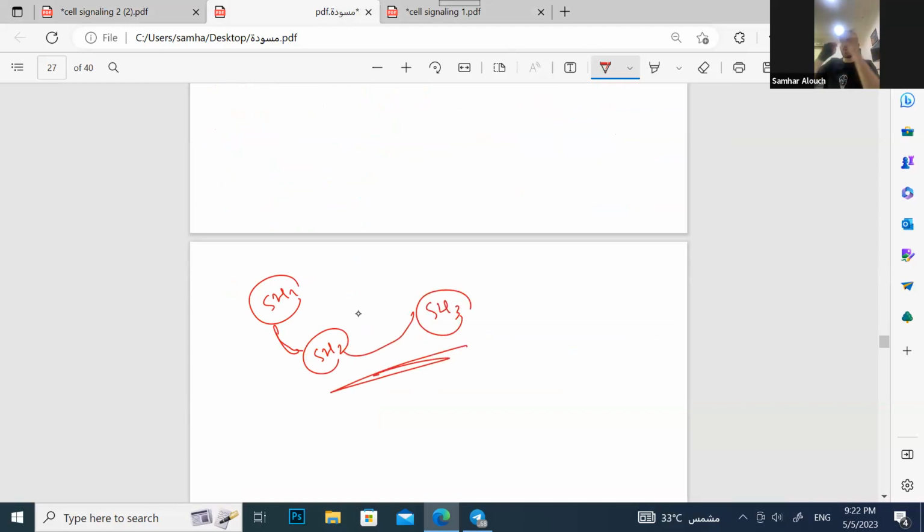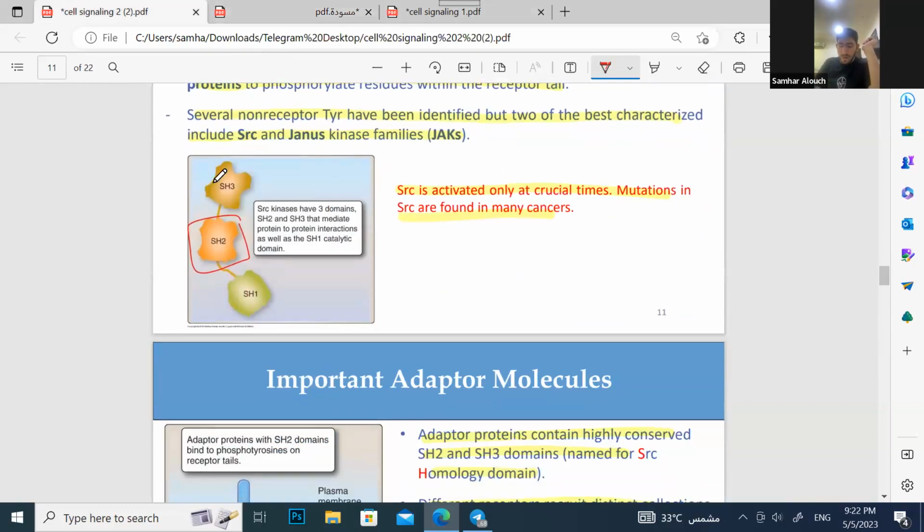SH2 and SH3 can both bind to the receptor tyrosine kinase. We said SH2 is necessary to bind to the receptor tyrosine kinase. Also, SH3 can bind, and SH1 is the tyrosine kinase that causes the phosphorylation.